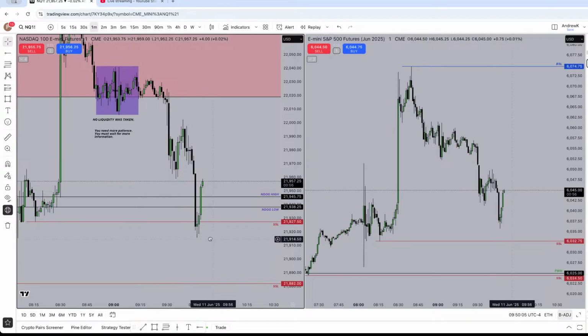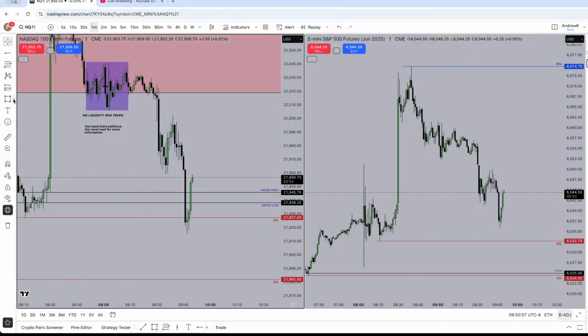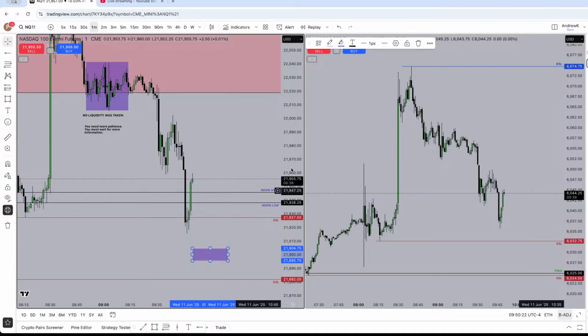So now we're in the macro, right? What I would anticipate, no turtle soup, so I would just wait for a little bit of structure to form. So here's your macro.